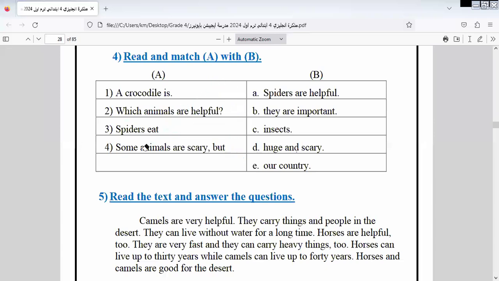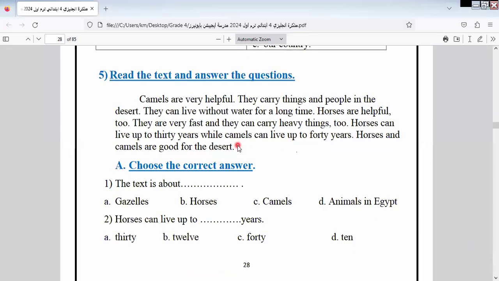We are going to answer the comprehension text. Let's read it together. Camels are very helpful for they carry things and people in the desert. They can live without water for a long time. Horses are helpful too. They are very fast and they can carry heavy things too. Horses can live to 30 years, while camels can live up to 40 years.